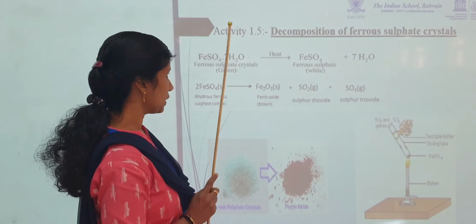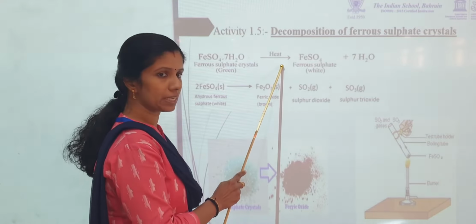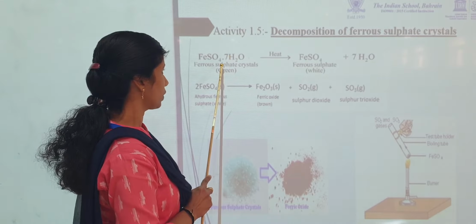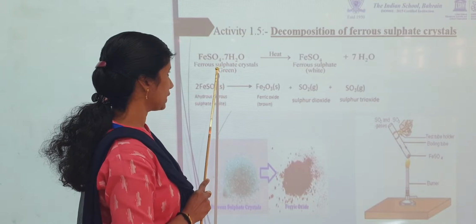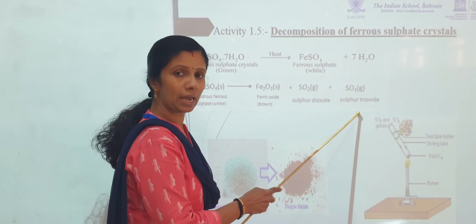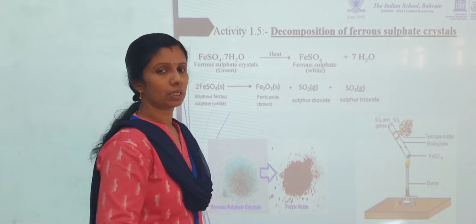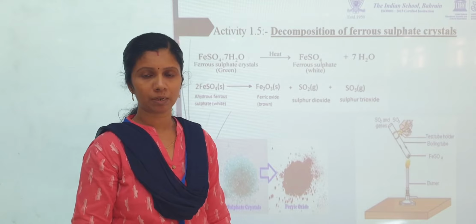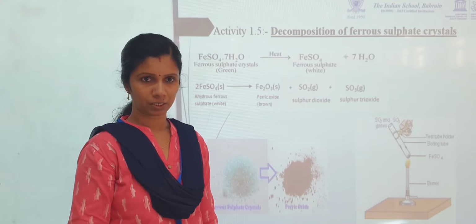So here in this reaction also we are providing heat energy for decomposing ferrous sulfate crystals to ferric oxide, sulfur dioxide and sulfur trioxide. Therefore, this is also an example of thermal decomposition reaction.